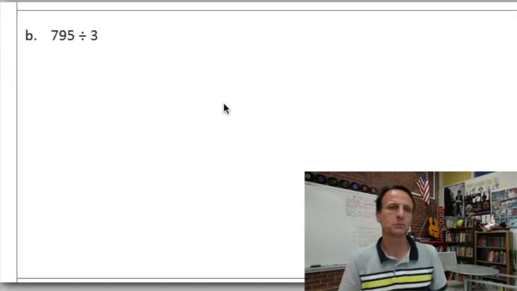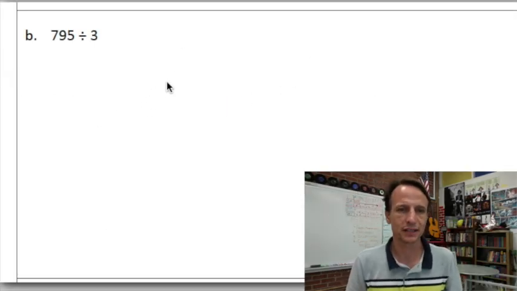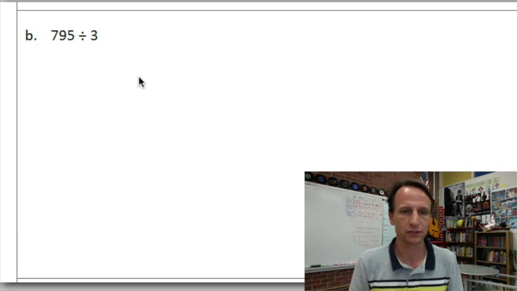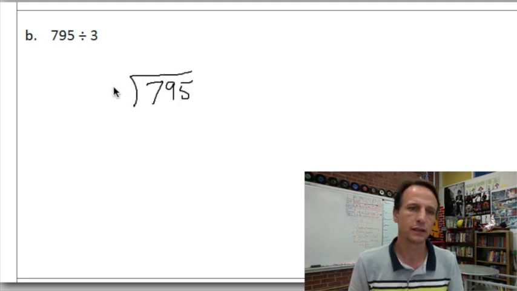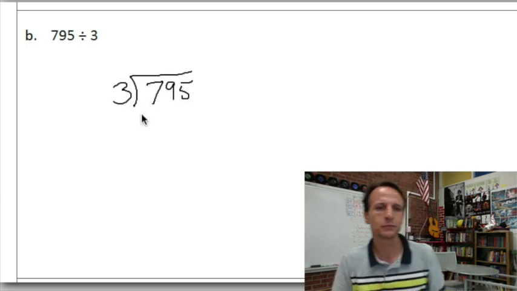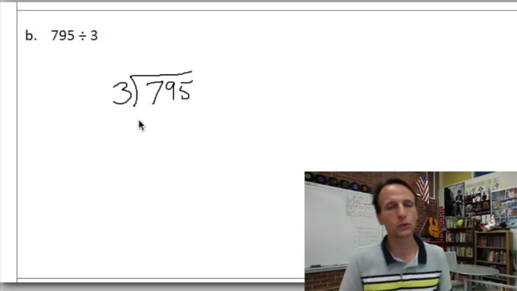And in 1B, we have 795 divided by 3. So let's check it out. And so we are going to move through these pretty quickly.